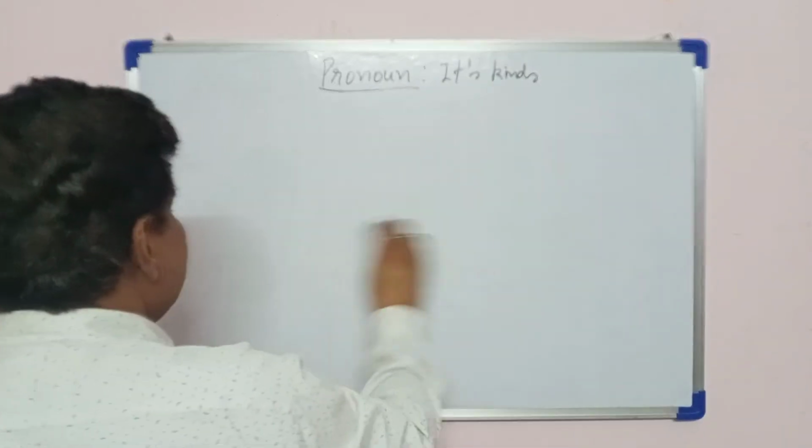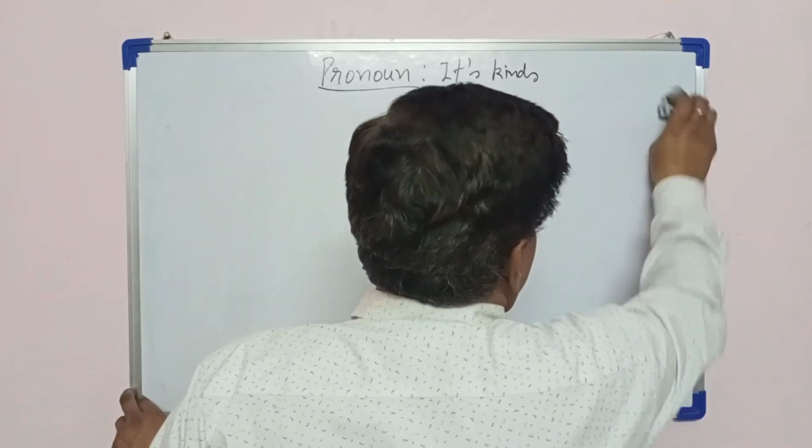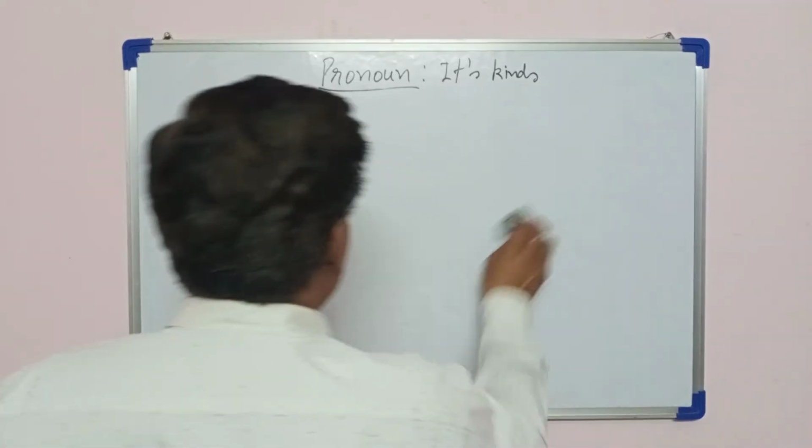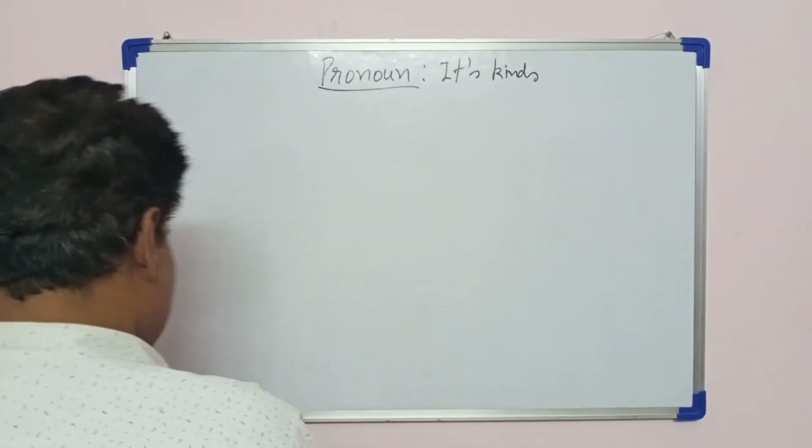That means there is no preposition in between them. For example, each other, one another. These are called the reciprocal pronouns and they are never used with a preposition in between.